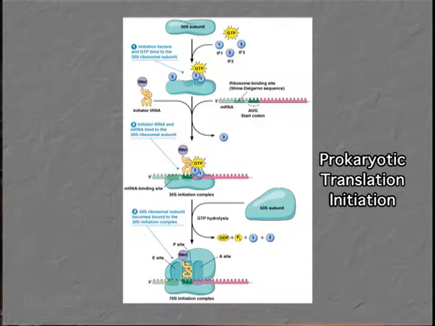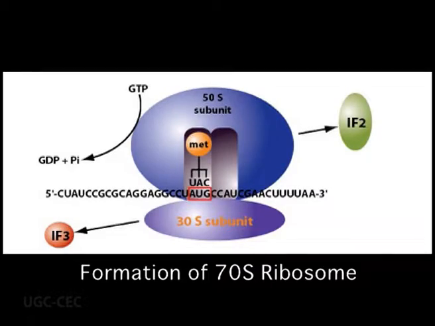Once this interaction happens, as I said, the initiation factor 2-GTP has GTPase activity. The larger ribosomal subunit has a site called the factor binding site, wherein the GTP hydrolysis takes place. So as soon as GTP hydrolysis takes place, IF2-GTP gets converted into IF2-GDP.